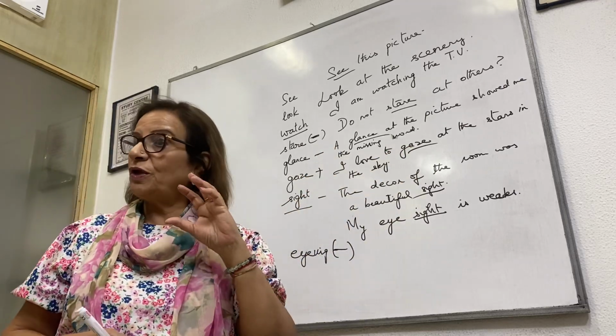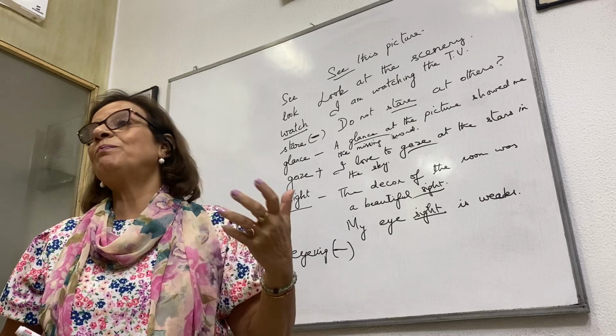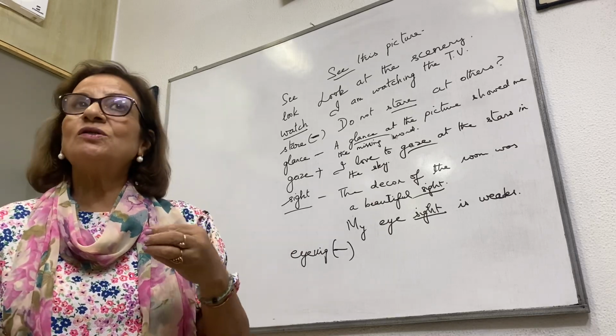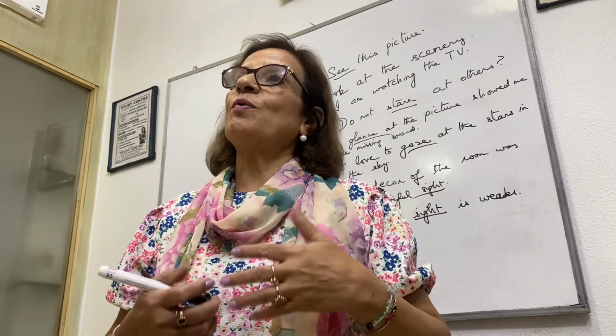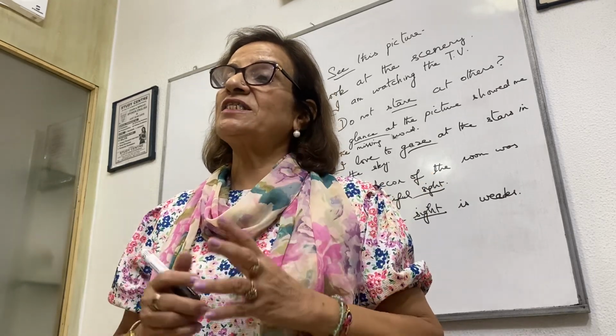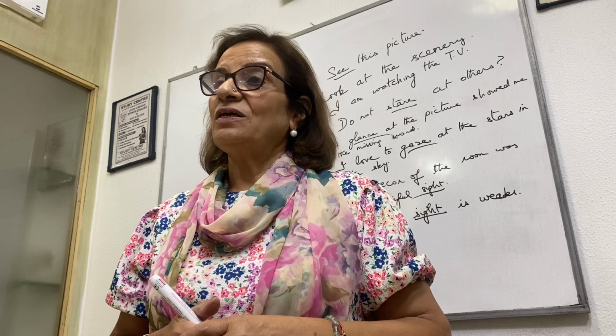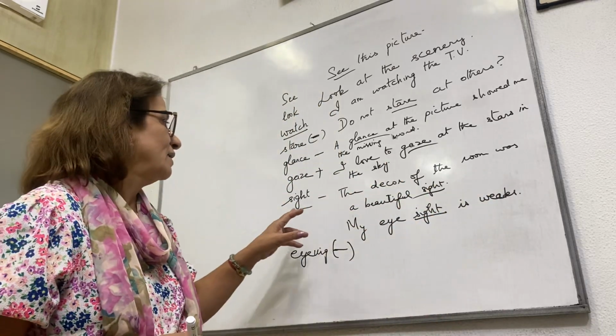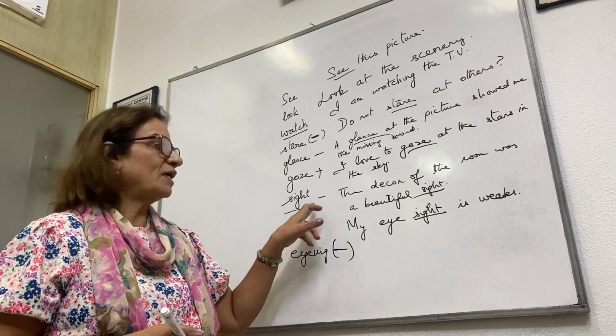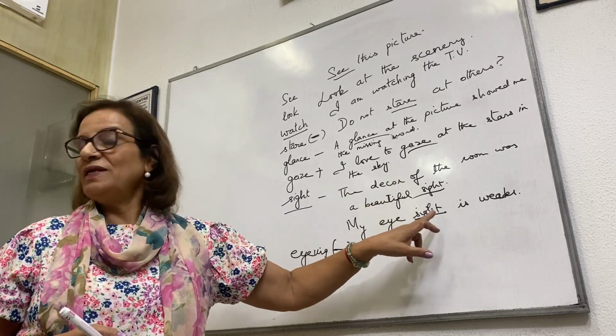Gaze is also looking for a long time, but in a very positive manner. You're looking at something for a long time in a mesmerized way. So that is gazing. So stare and gaze are totally different. Then sight: the decor of the room was a beautiful sight.